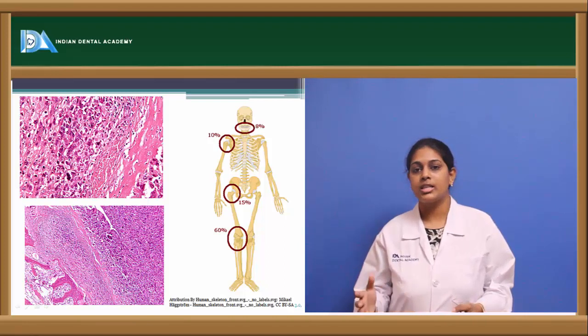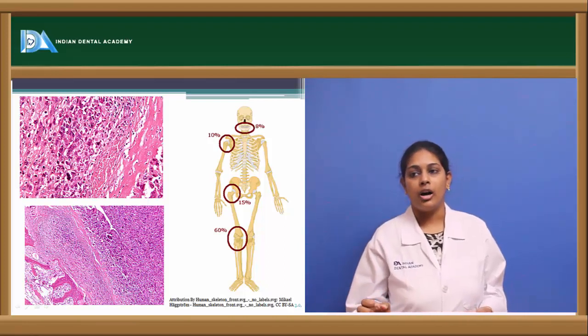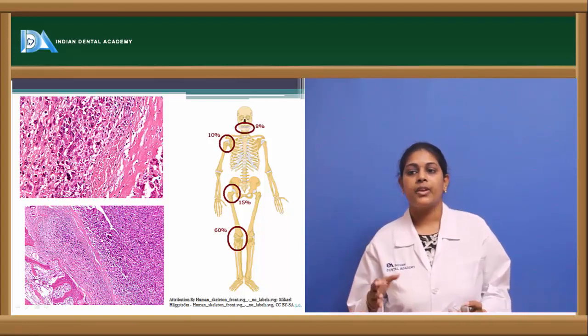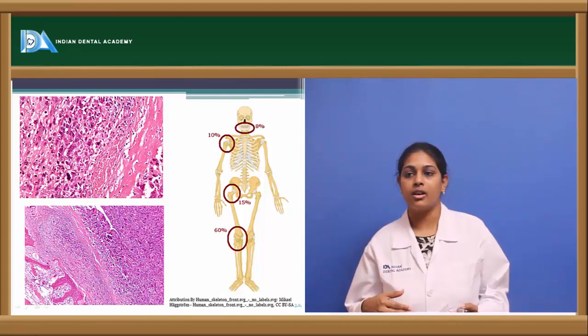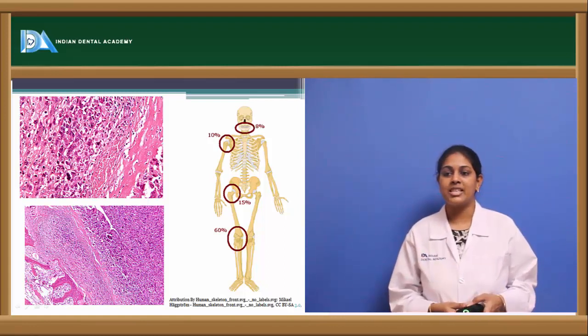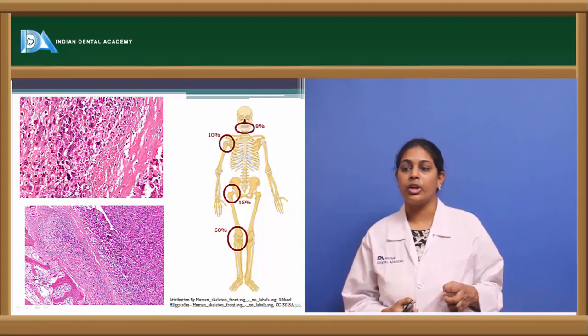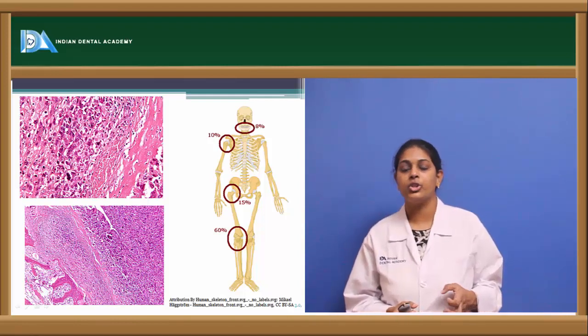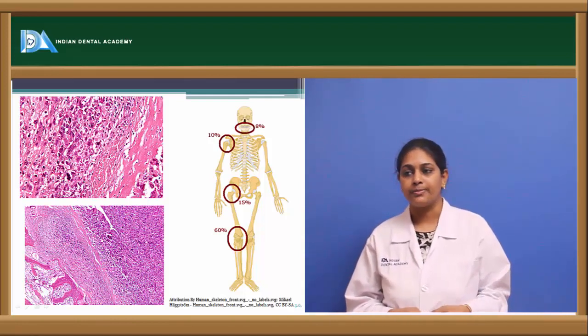Adjacently, we can see that bone is being deposited amongst these neoplastic cells. The second picture shows a highly undifferentiated tumor with a wide range of neoplastic cells, as well as a few bony trabeculae. Other than that, a few hemorrhagic areas can also be appreciated.